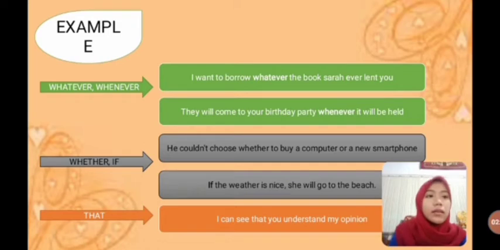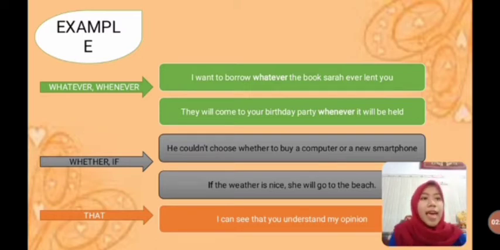In this case we can use whether or if. Actually, if is always used for conditionals, whereas whether is always used when we are talking about two alternatives or two choices, like in the sentence, the choice between buying a computer or a new smartphone.